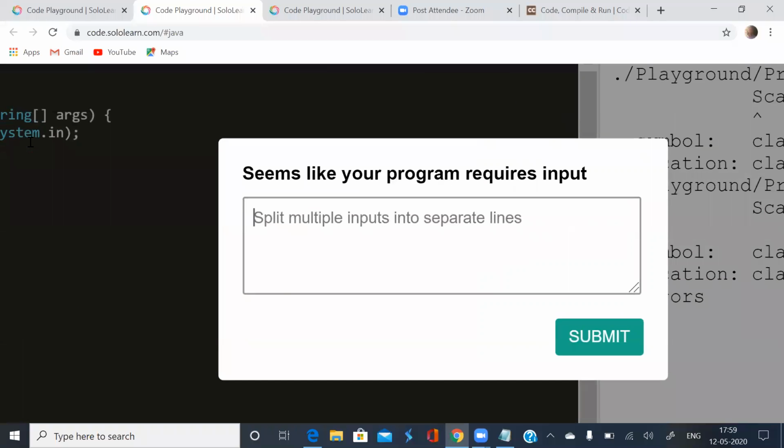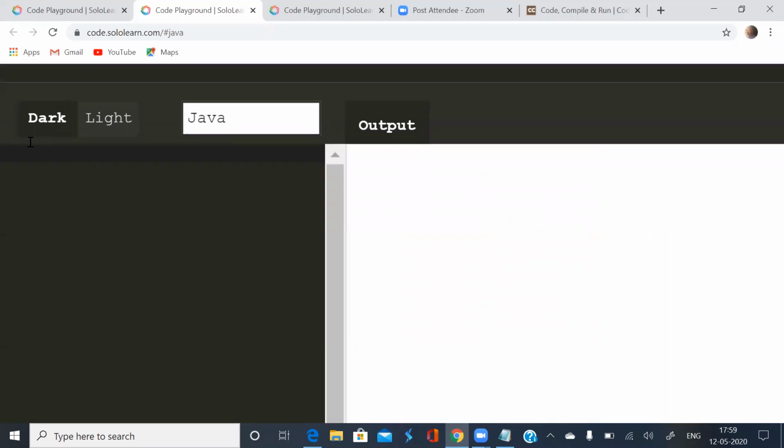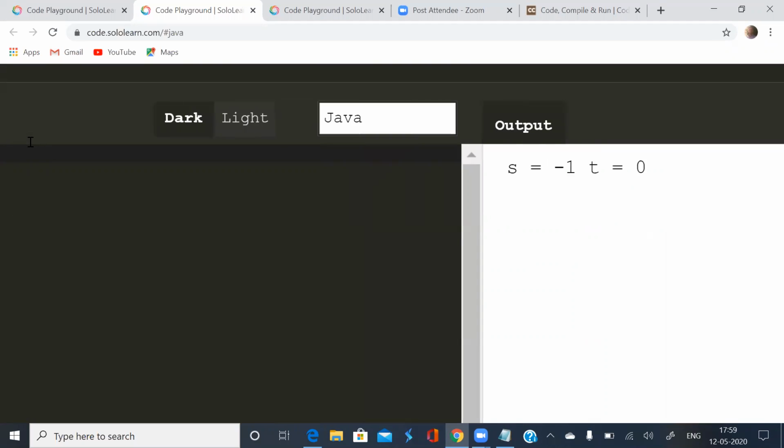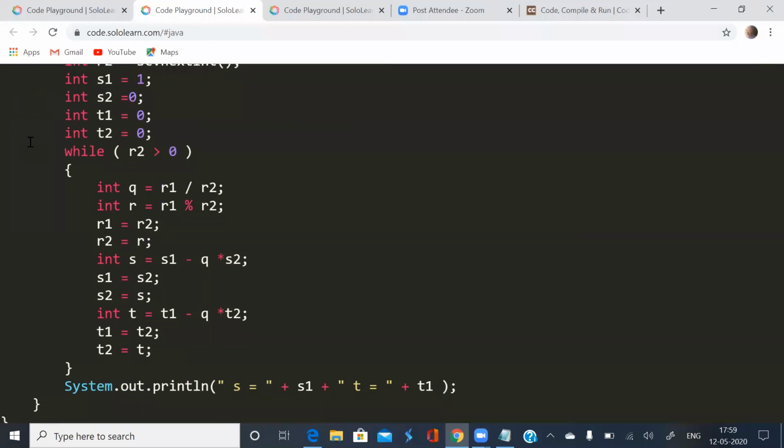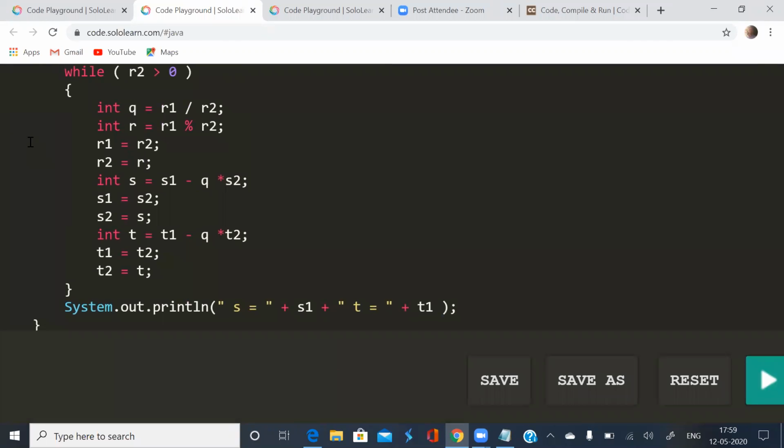Values are 161 and 28. So S is -1, but T is 0. T2 is T, T1 is T2. T equal to T1 minus Q into T2.